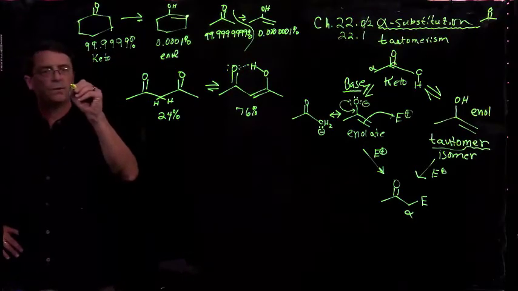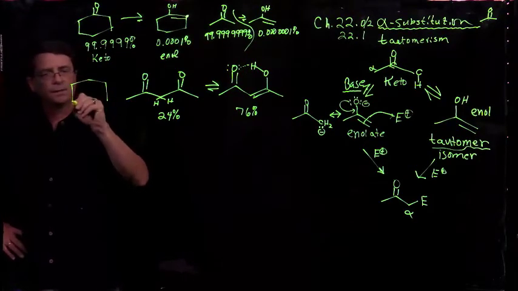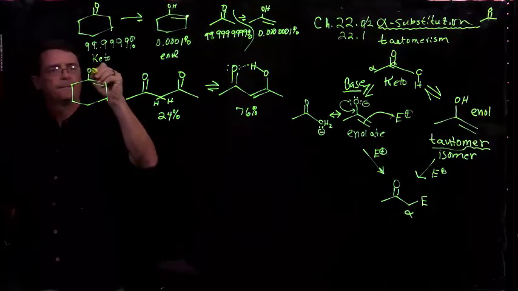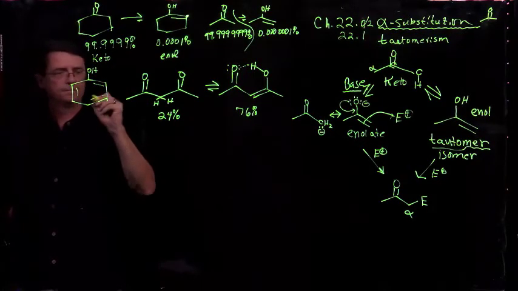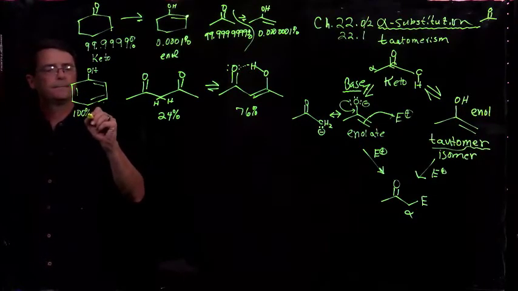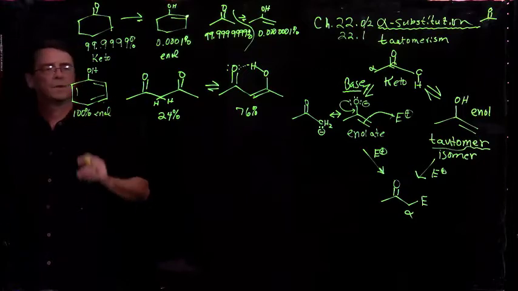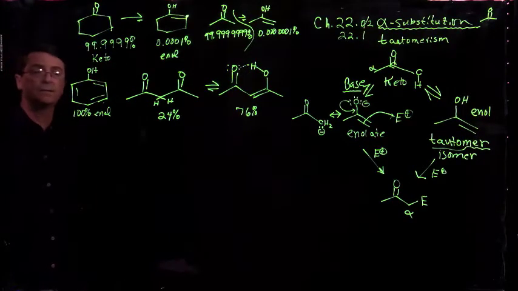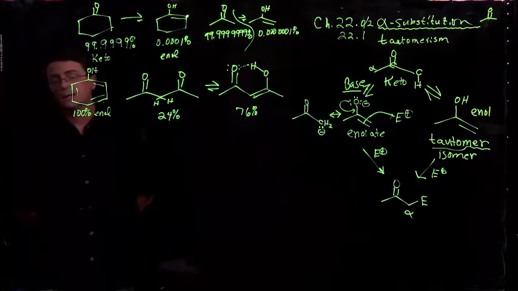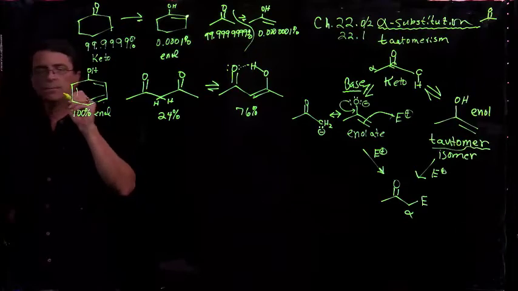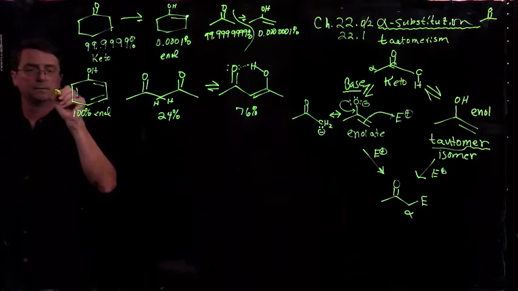But of course, we've already seen some enols. I alluded to this in a prior lecture. Phenol is 100% enol. Right? Remember, we have that 36.6 kilocalories per mole aromatic stabilization energy, so its corresponding keto form just doesn't exist.